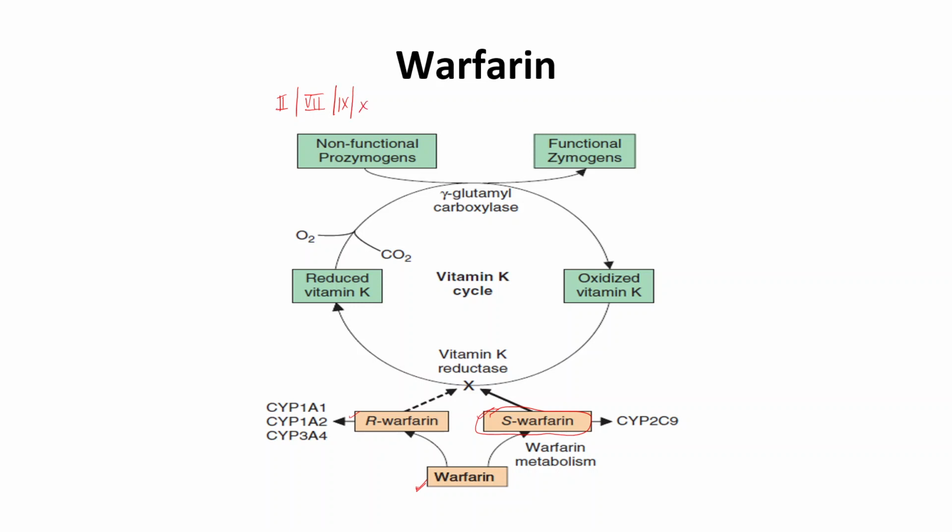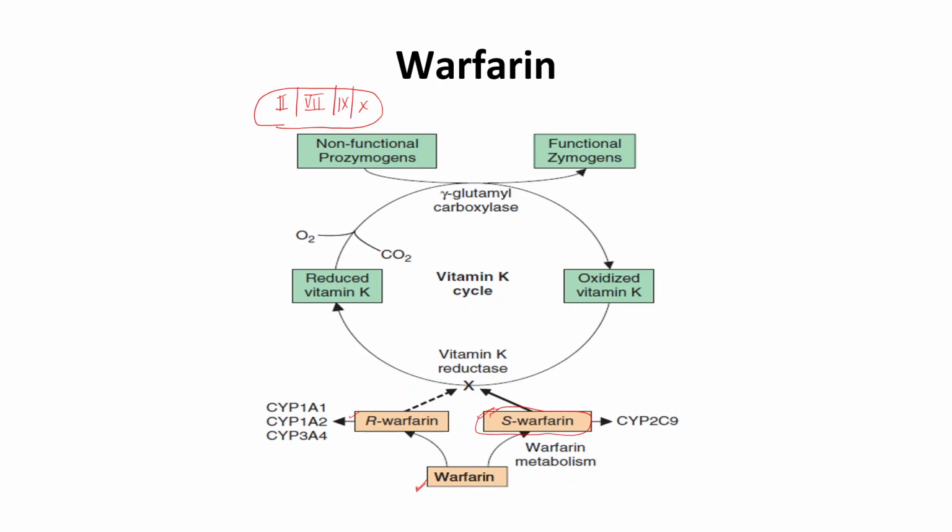These clotting factors need vitamin K to become activated. Vitamin K will cause gamma carboxylation of the glutamyl residues present in these factors, and after that they will be activated.